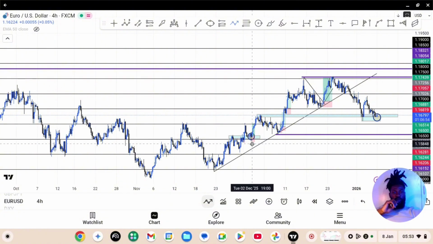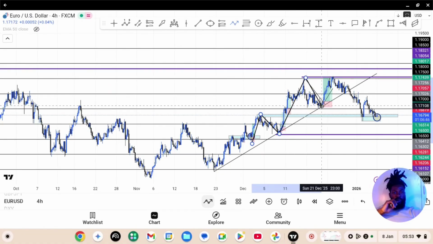Let's start from here. You will see we have a series of higher high, higher low, higher high, higher low. We were expecting it to give us another new higher high, but look at what the market did. It gave us a high by printing a double top, and a double top is a reversal pattern.